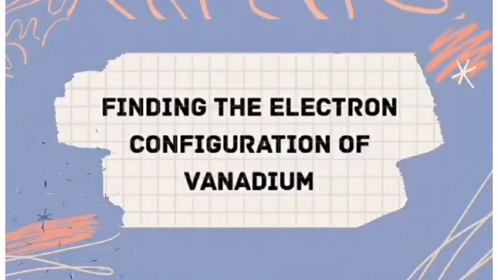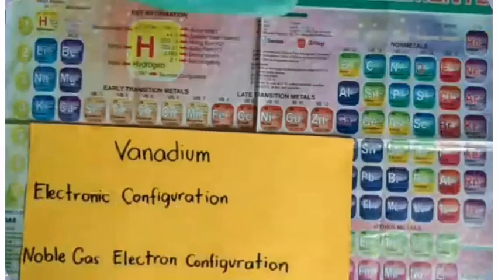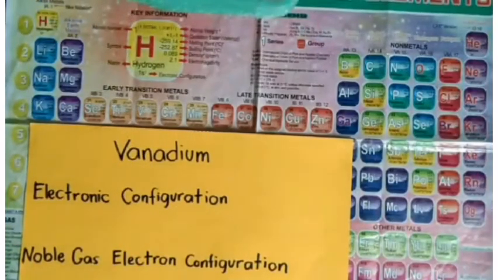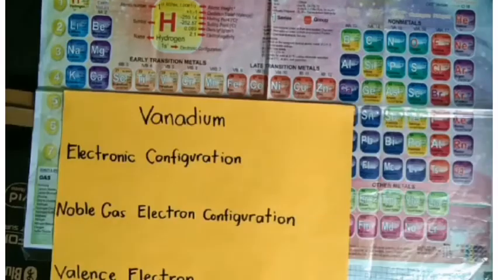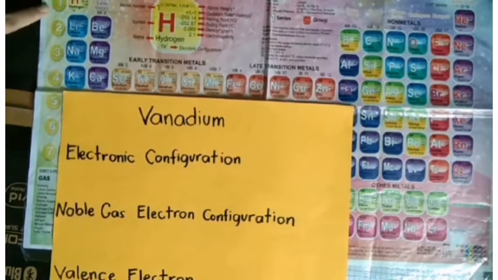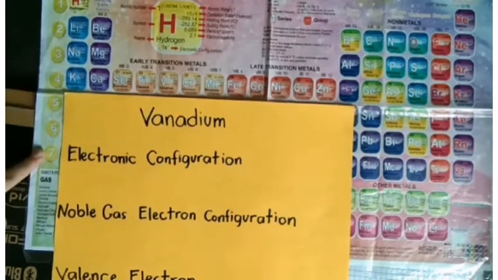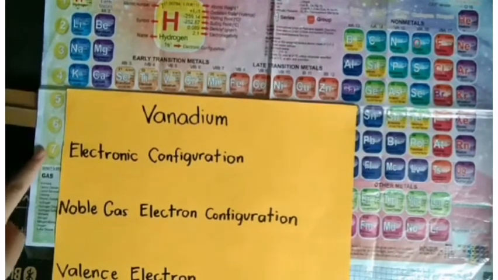Now, let's move on to finding the electron configuration of the element vanadium. So, to find the electronic configuration of the element vanadium, we know that the periods on the left side of the periodic table represent the energy levels.